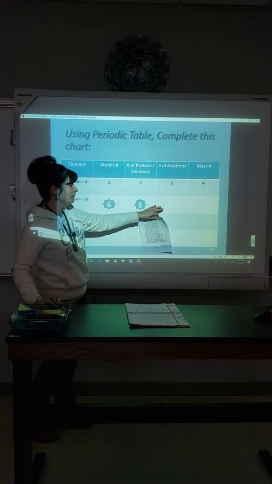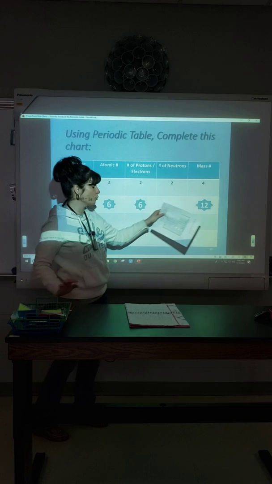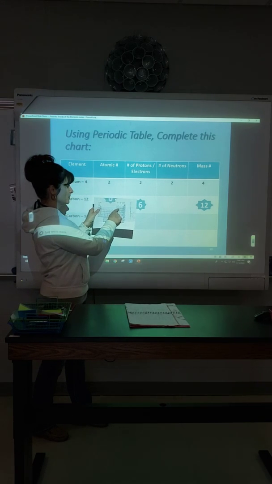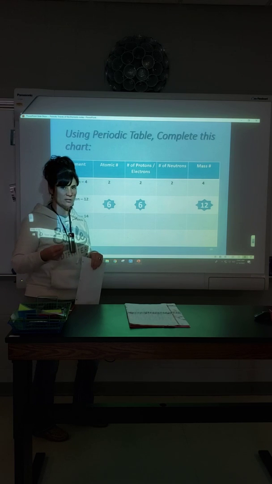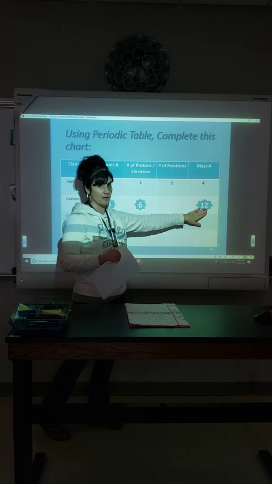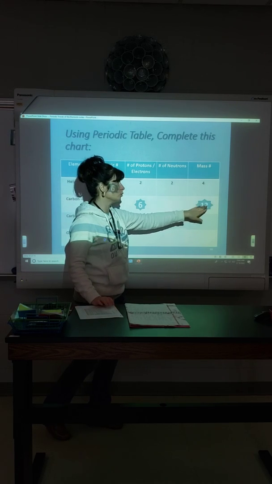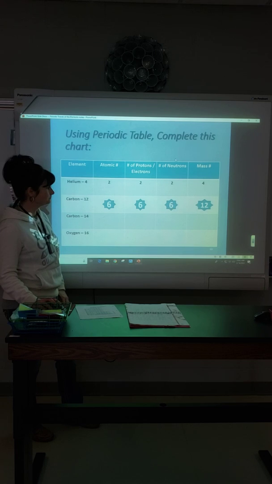And I know that my mass number is 12 because I'm looking at my periodic table and it has 12.01. We can always round to the nearest whole number. So I have 12 as my other number on my tile on the periodic table. So 12 minus 6 will give me another 6 over here.